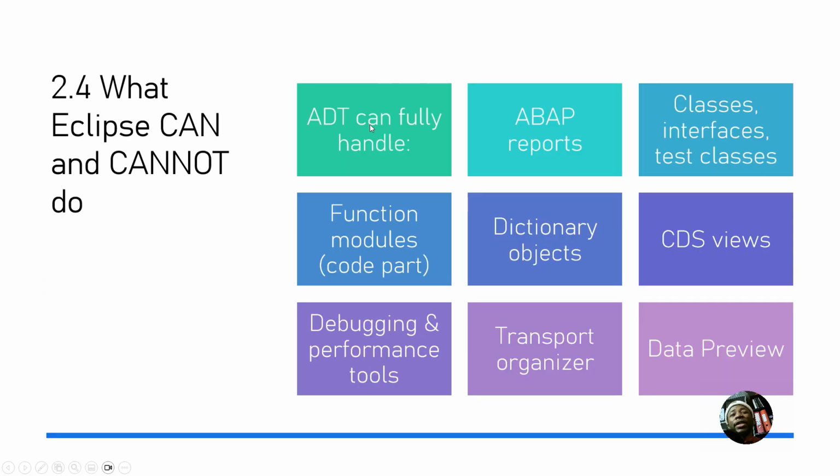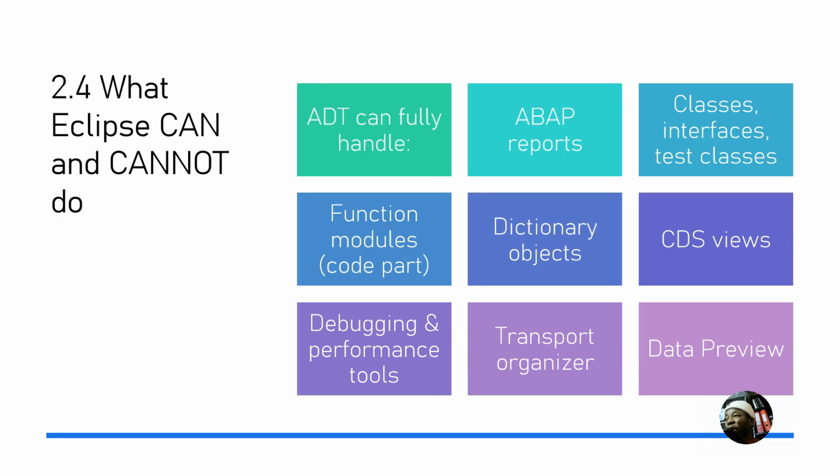So ADT can fully handle ABAP reports like we have seen. We just created a simple ABAP report, and then you can also create classes, interfaces, test classes, function modules, dictionary objects, CDS views, debugging and performance, transport organizer, data preview.